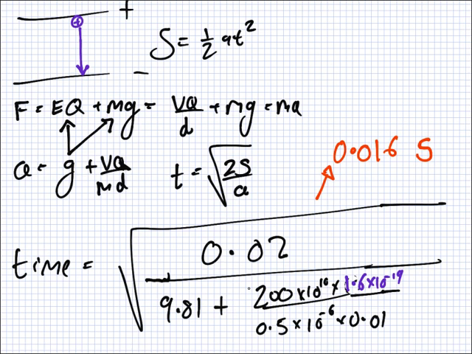Alright, I'll type it in. 0.02 over 9.81 plus another fraction, 200 times 10 power 10 times 1.602 times 10 power minus 19 over 0.5 times 10 power minus 6 times 0.01, and you are correct. Oh, it's because we added the entry in this one.